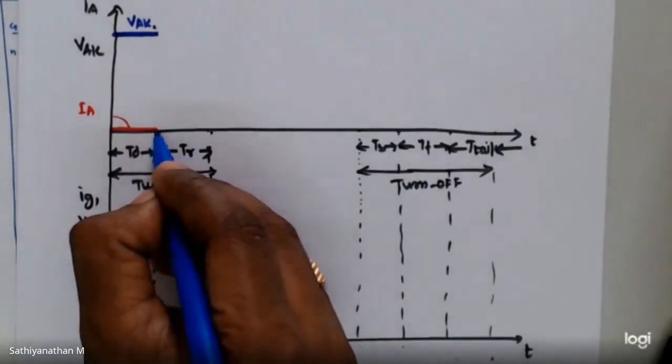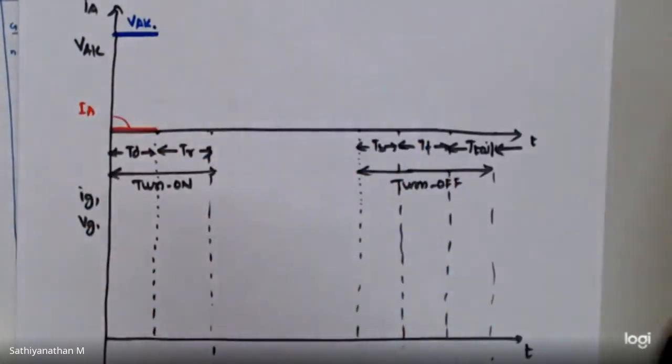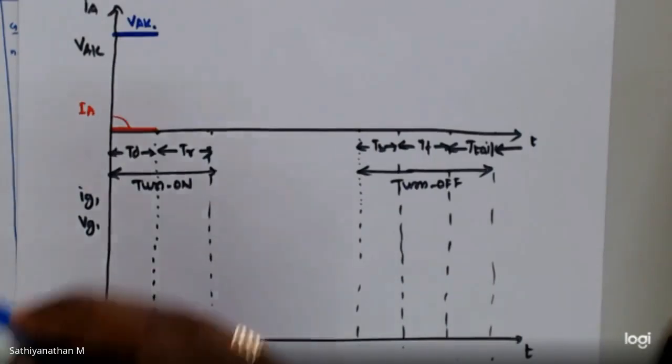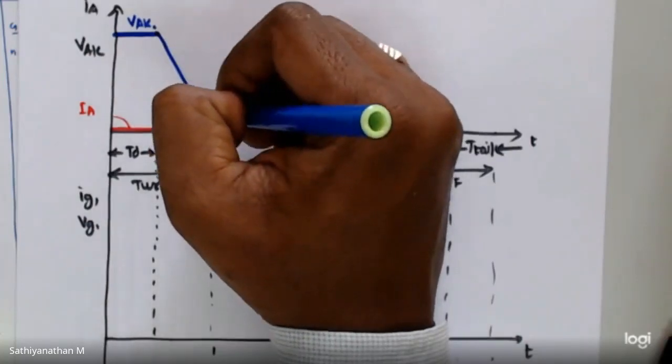So this is a time period at which your anode cathode voltage excites the junction J1 plus J3. When you apply a gate voltage that will excite junction J3, then this voltage starts to reduce.